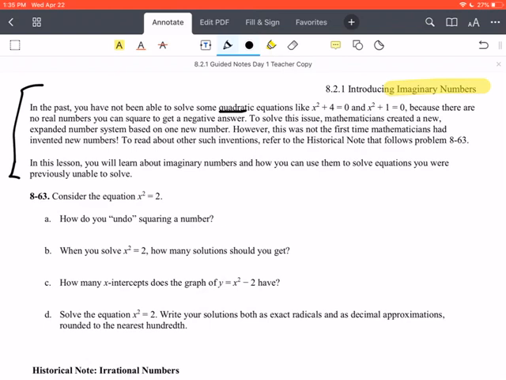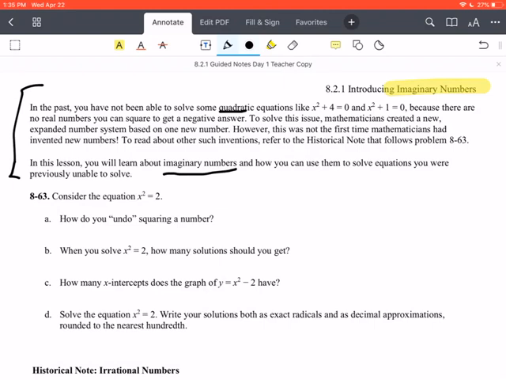However, this was not the first time mathematicians had invented new numbers. To read about other inventions, we are going to look at the historical note after we do our warm-up problem 63. So in this lesson, we are going to learn about imaginary numbers and how we are going to use them to solve equations that we were previously unable to solve.